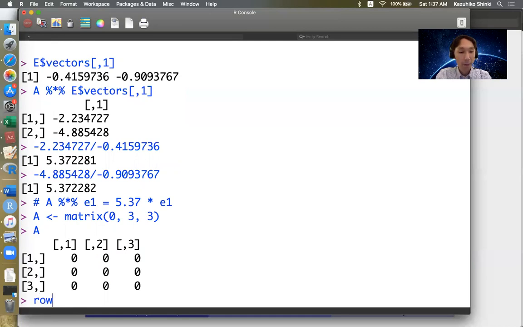The rownames function can define the row names of A. For example, the first person Alex, the second person Bob, and the third person Chris.